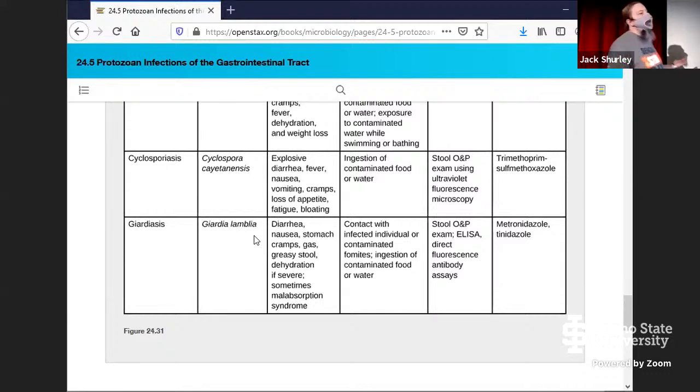If you like the outdoors, hiking sets you at risk if you decide this water looks crystal clear and delicious. I'm going to have a drink of that. It's highly likely that you ingest some of these cysts and you get ill, all right? It's really relatively common, all right?